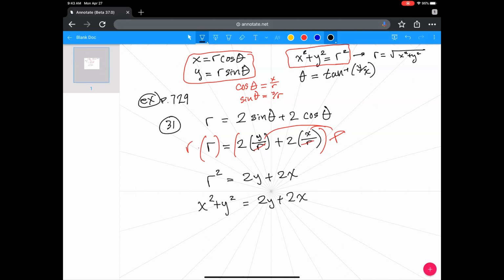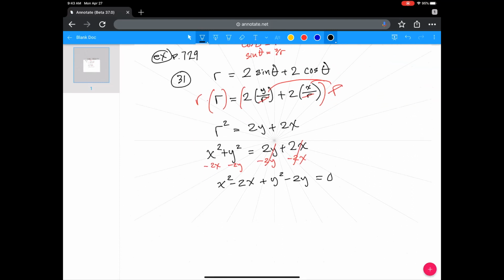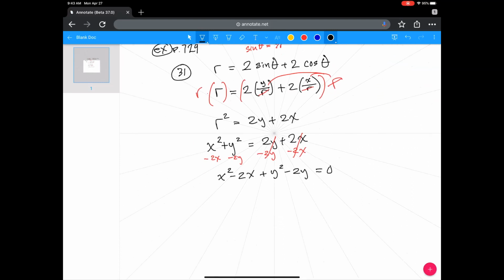But in this example, what we would do is we would set this equation to 0. So I would subtract 2y and 2x from both sides. And so that would give me that x squared minus 2x plus y squared minus 2y is equal to 0. And then the next thing to do, for those who remember it all, even for those who don't, is that you complete the square for both of these.